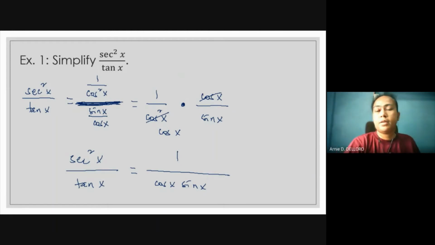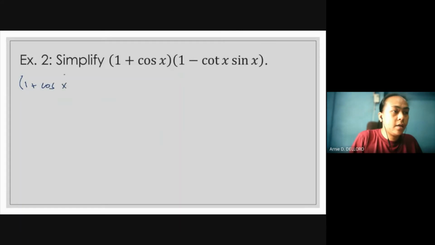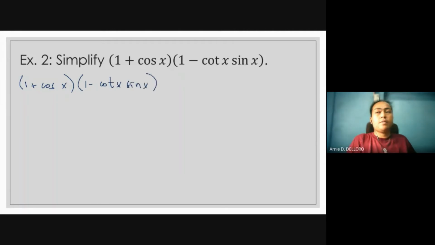Let's have another example. Simplify the quantity 1 plus cosine x times the quantity 1 minus cotangent x sine x. Okay, so the first thing that you have to do is to simplify the terms or the factors na pwedeng i-simplify.